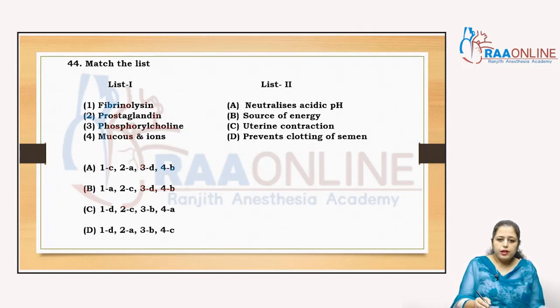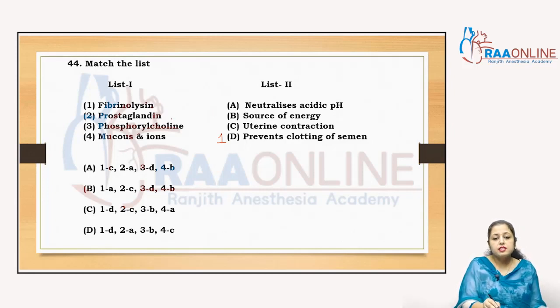Match the list, right? Fibrinolysin, as its name suggests, is lysis of the fibrin, right? That fibrinolysin prevents the clotting of semen, that is 1D, right? Prostaglandin is responsible for causing labor pain, the uterine contraction, right? For the movement of the sperm in the female genital tract, right?